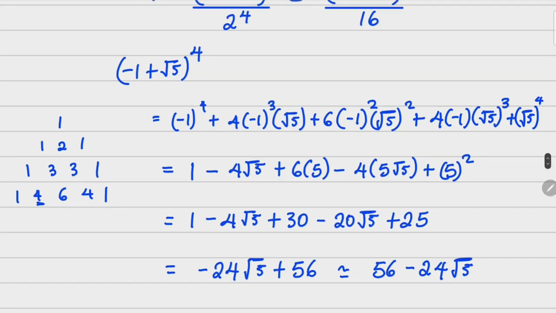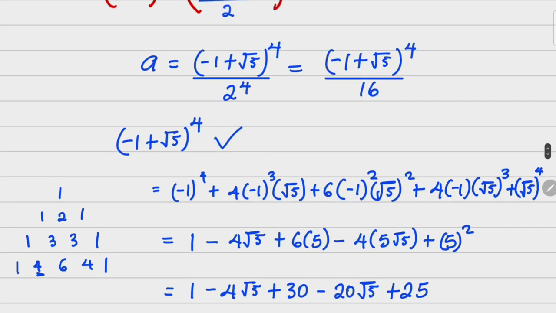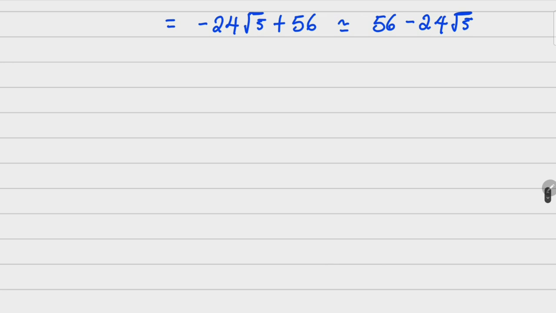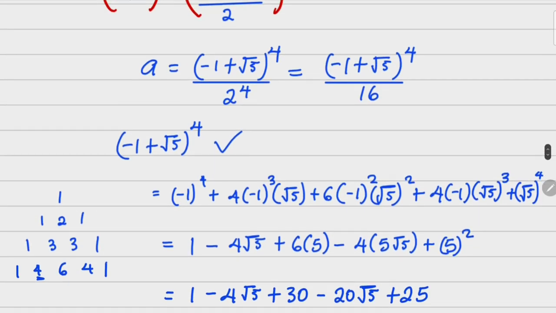Now, since I've dealt with this, then a will now be 56 minus 24 root of 5, then all over 16. Remember? Okay, let me show you. So look at it.